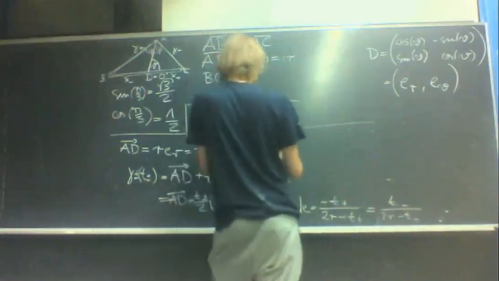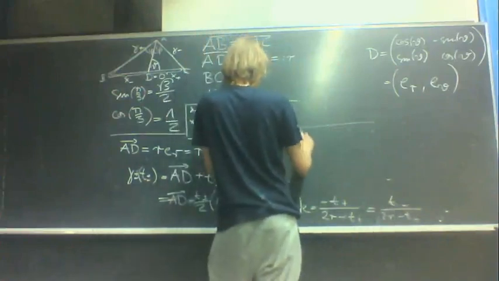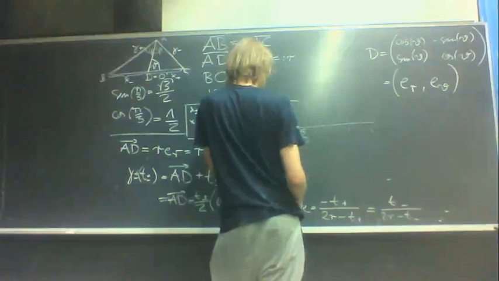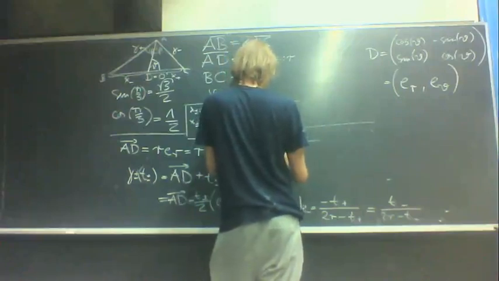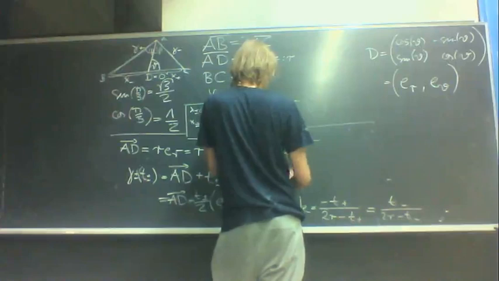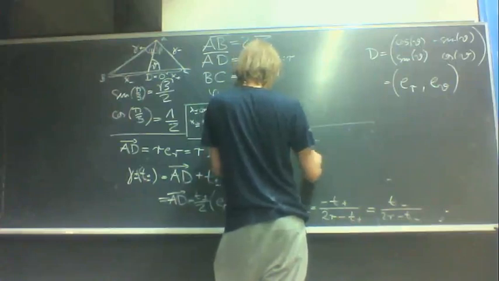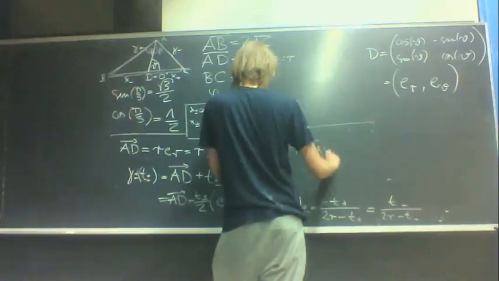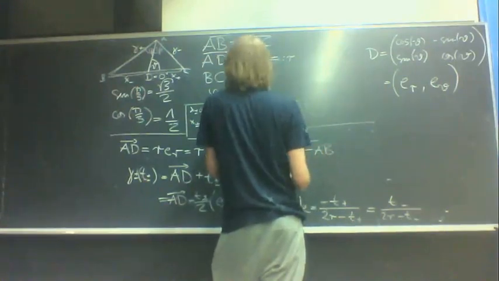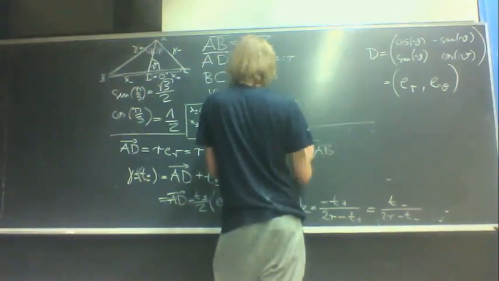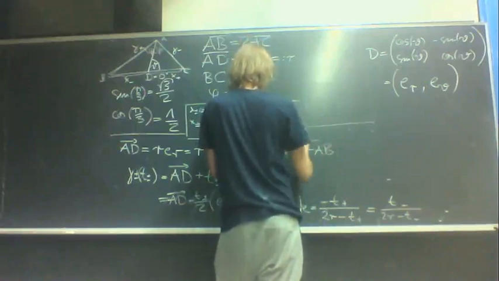So minus AB over 2r minus AB. Let's just call it 2 times AC.